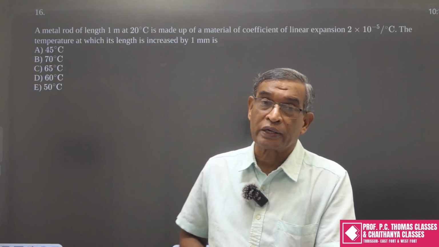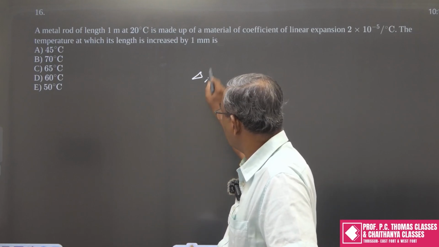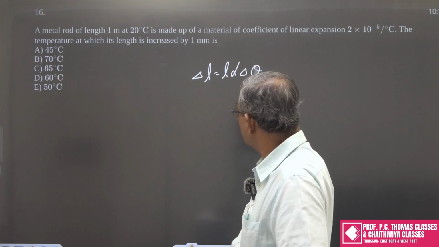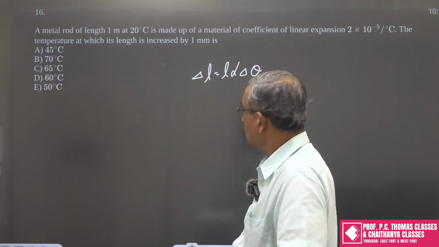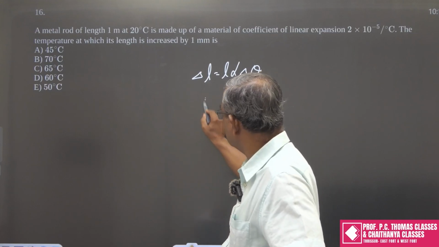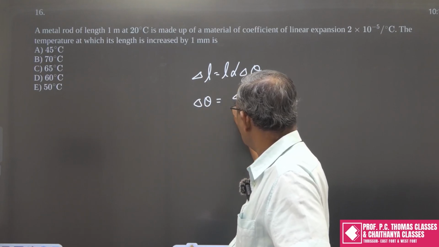You know, when a rod is heated, its length increases. The increase in length is given by the formula delta L equals L alpha delta theta. Here delta theta is the increase in temperature. So delta theta, the increase in temperature, is given by delta L by L alpha.